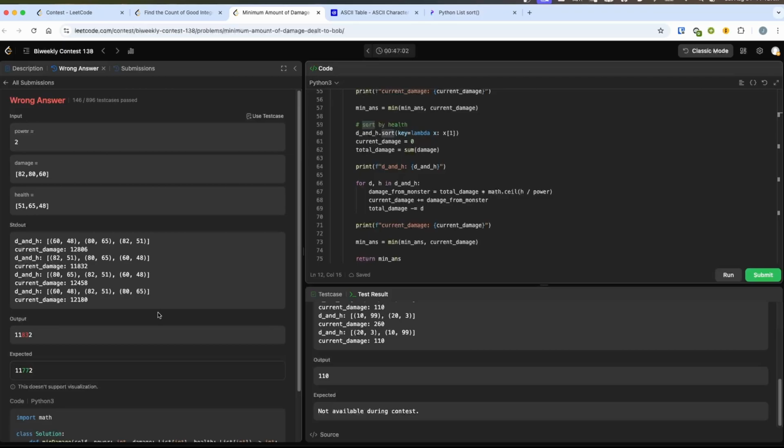So I'm off by exactly 60 right here. So this got an extra turn.